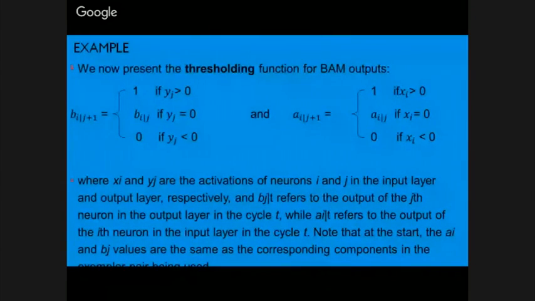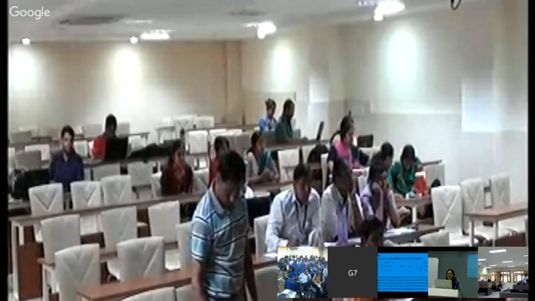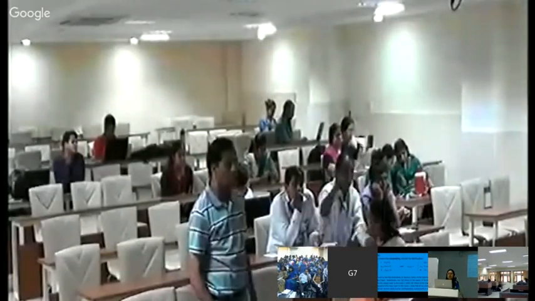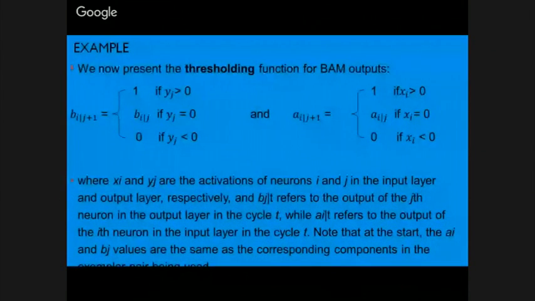So now we have defined the threshold functions for elements in field B as well as in A. For the neurons in field B in cycle j plus 1, the output of the neuron will be 1 if the activation is greater than 0. It will be the same as the previous value if the activation is 0, and it will be 0 if the activation is less than 0.